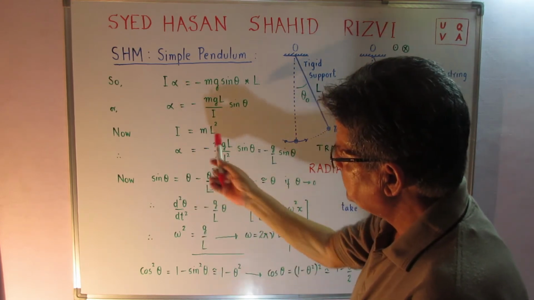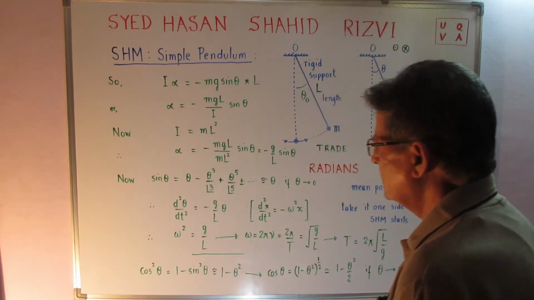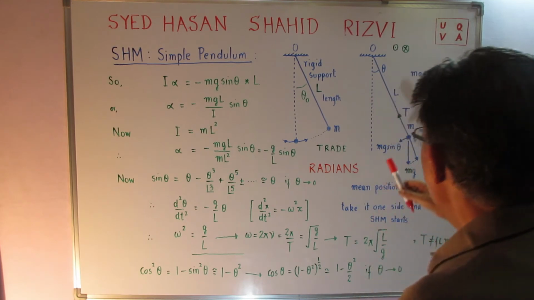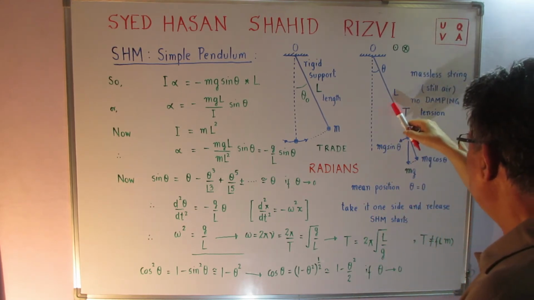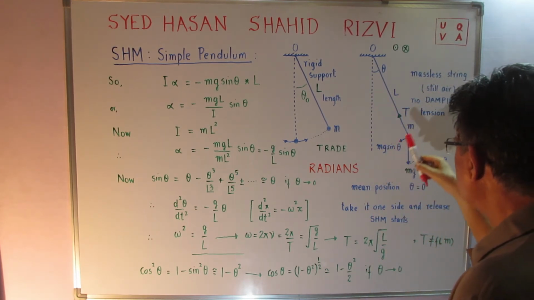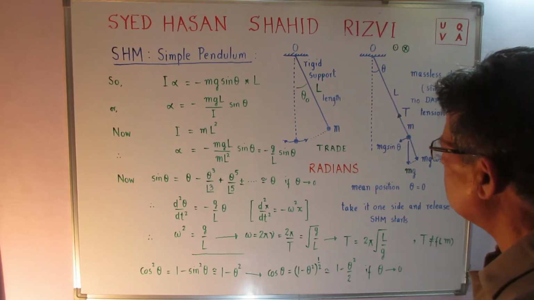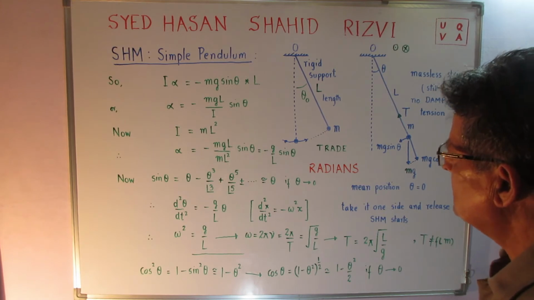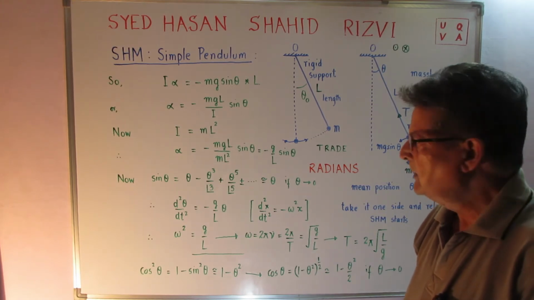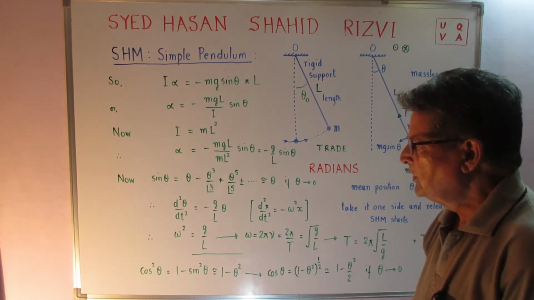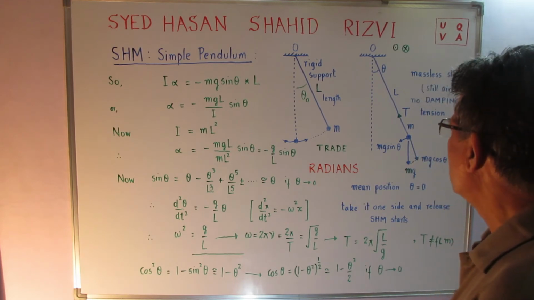Now this I is equal to the mass into the distance squared, because they are perpendicular to each other, and it is equal to ml squared by the definition of the moment of inertia.